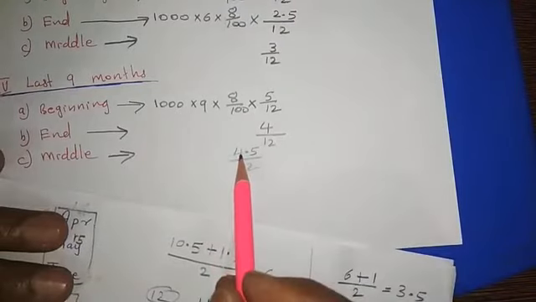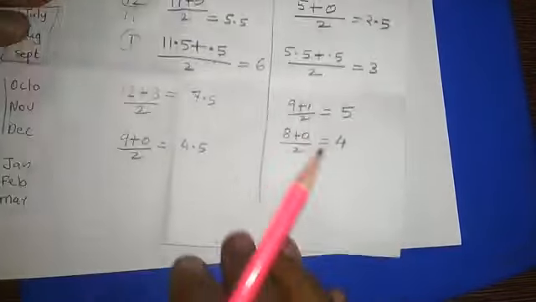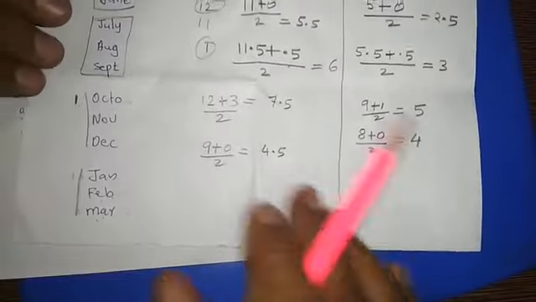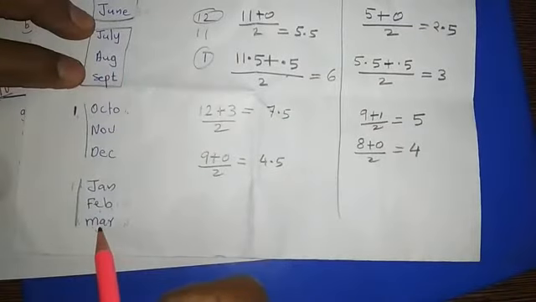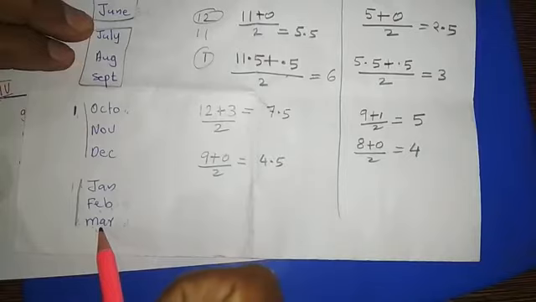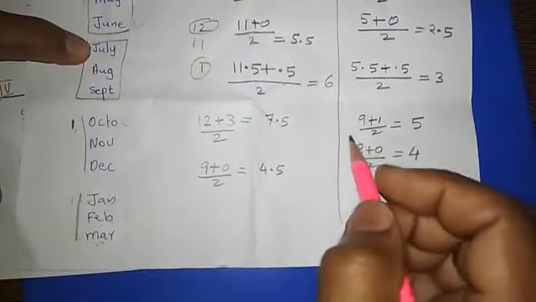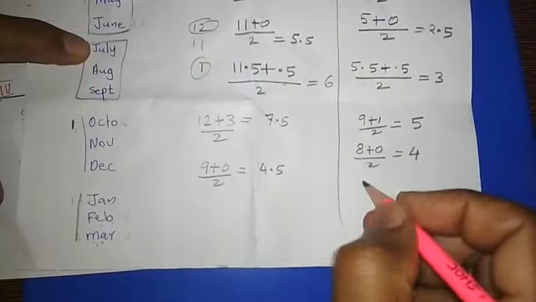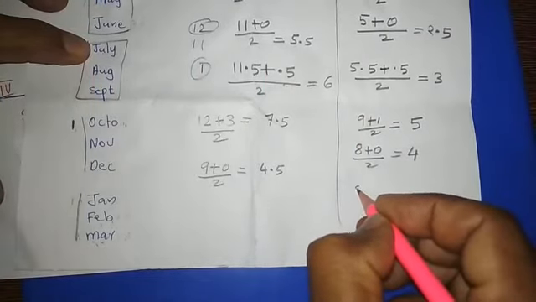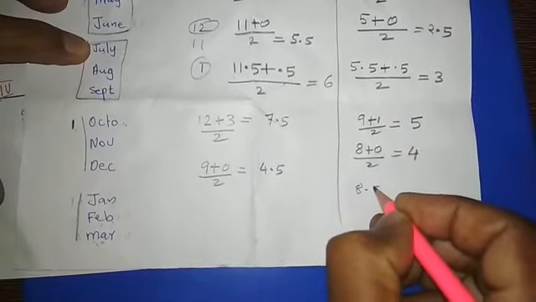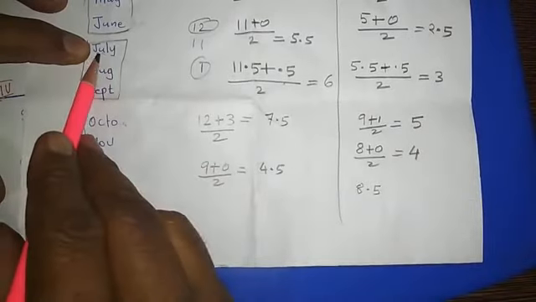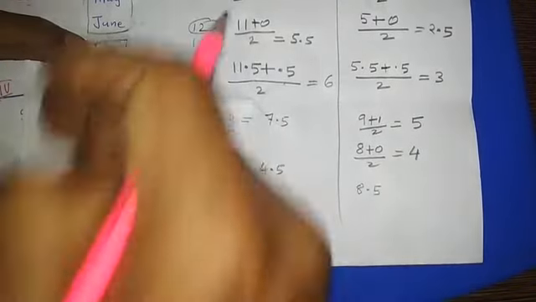And how the 4.5 is coming, that we can see. What I told, in the last 9 months, the middle of each month is coming. So here July 15th, it means the remaining month will be 8.5. Okay, after the first drawing, the remaining month will be 8.5. Any doubt, you can simply count it.